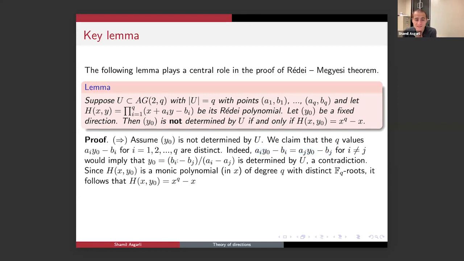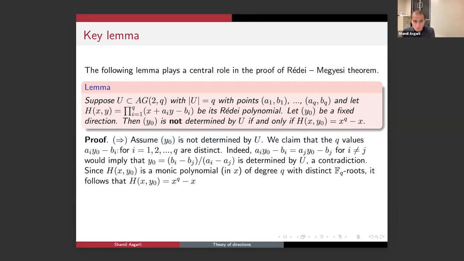We get that y0 is (bi minus bj) divided by (ai minus aj). But then, by definition, we've realized y0 as a direction determined by the point set, because these are the points in the collection. And that's a contradiction because we have chosen y0 to be a direction not determined by U.